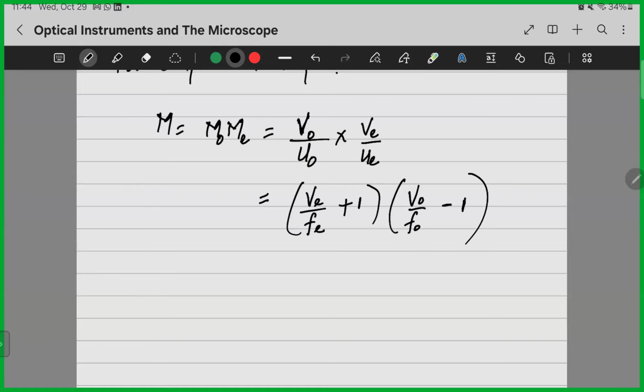So the reason for that is because we have 1 over F is another rule for lenses and mirrors plus 1 over V. So this is, take note of this.